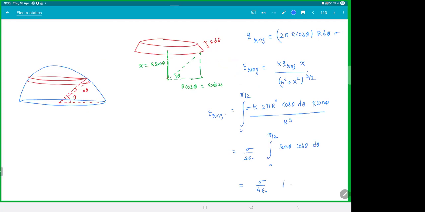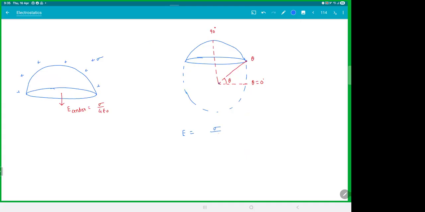That would give you half minus something, I think you get cos 2 theta types. You'll get sigma by 8 epsilon times 1 minus cos 2 theta. Let's calculate it.